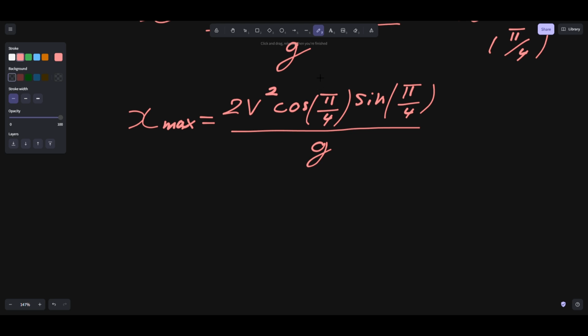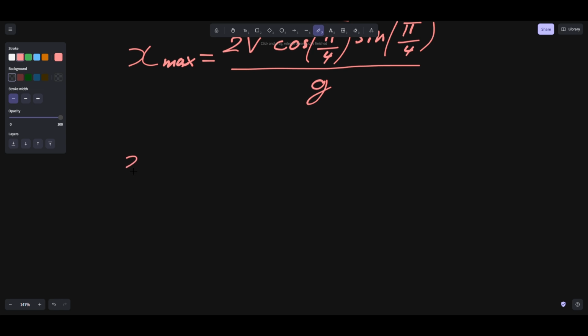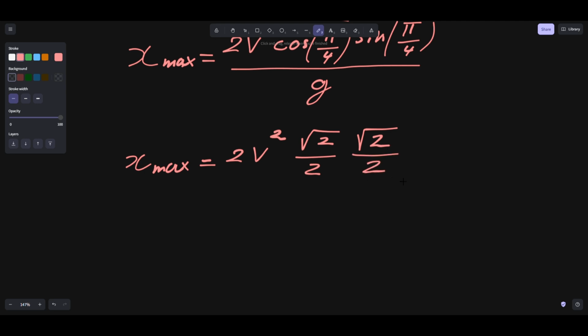This will be equal to root 2 over 2, this will be root 2 over 2 as well. I'll just write it explicitly so that everything is clear. 2 v squared over 2 over 2 g. These will cancel.